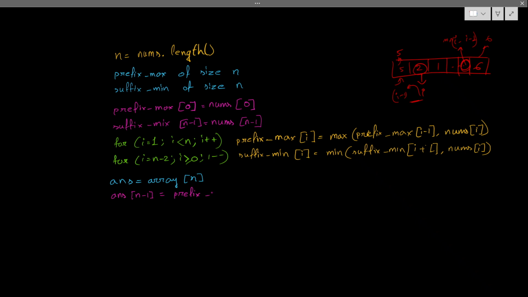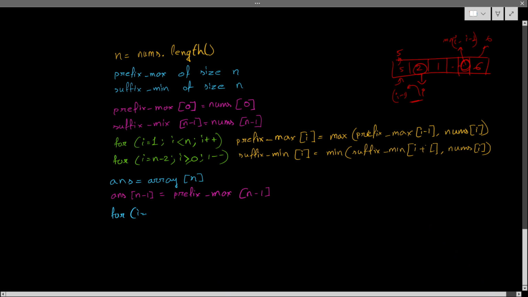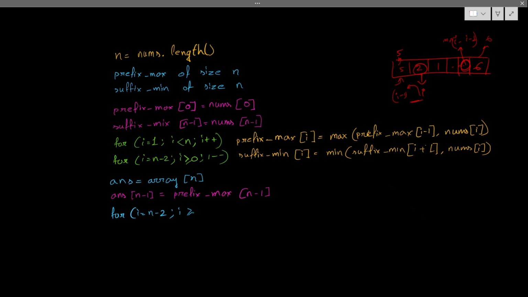Now I have to iterate to each and every element. So for I starting from n minus 2, I greater than or equal to 0, I minus minus.